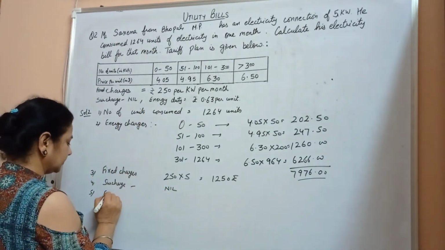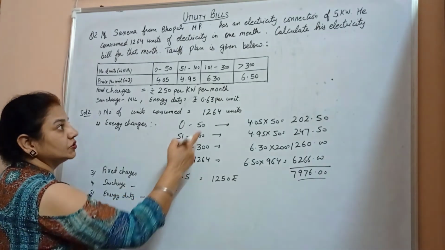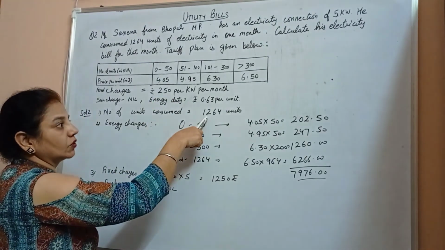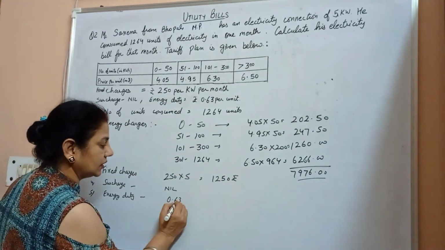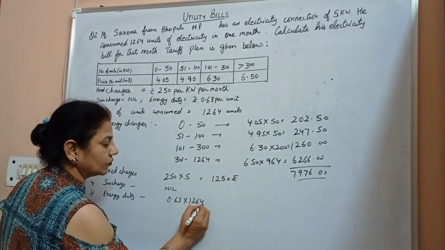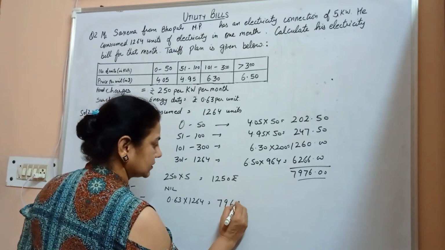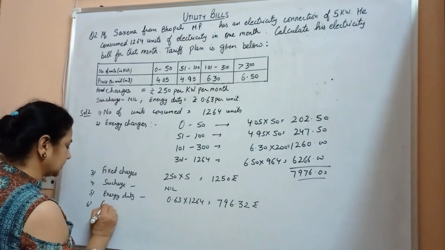Energy duty. Energy duty is 63 paisa per unit, and number of units consumed is 1264. So we have 0.63 into 1264, multiply this and we get 796 rupees 32 paisa.